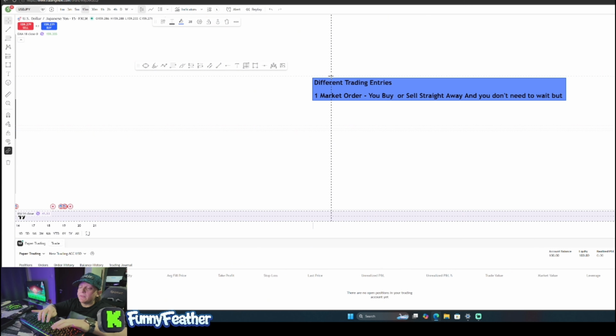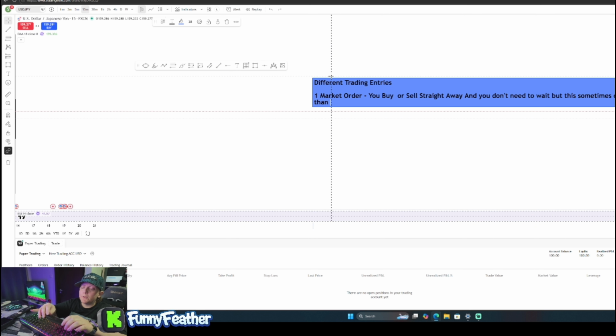But this sometimes can cost you, because more likely than not, this is where we can fall into a habit. Habit of chasing trades. Okay?